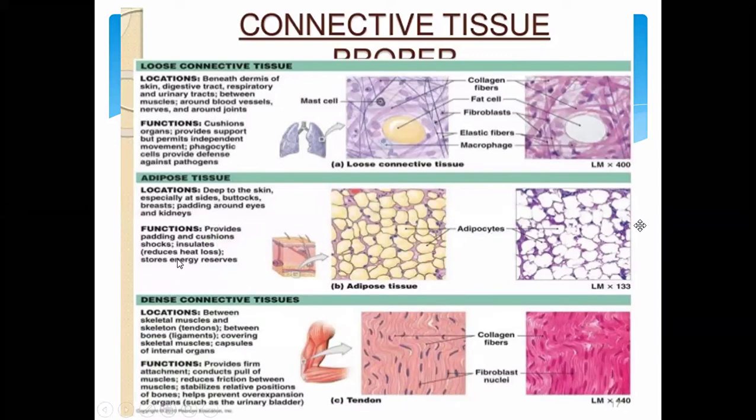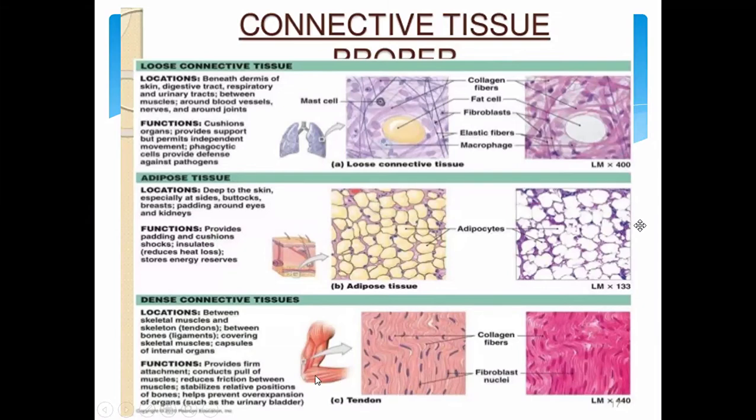And then you have dense connective tissue. When you say dense, you mean it is not loose, no? It is dense, but compact. Okay. You have it here between your skeletal muscles, between bones, covering your skeletal muscles, and then capsules of internal organs.